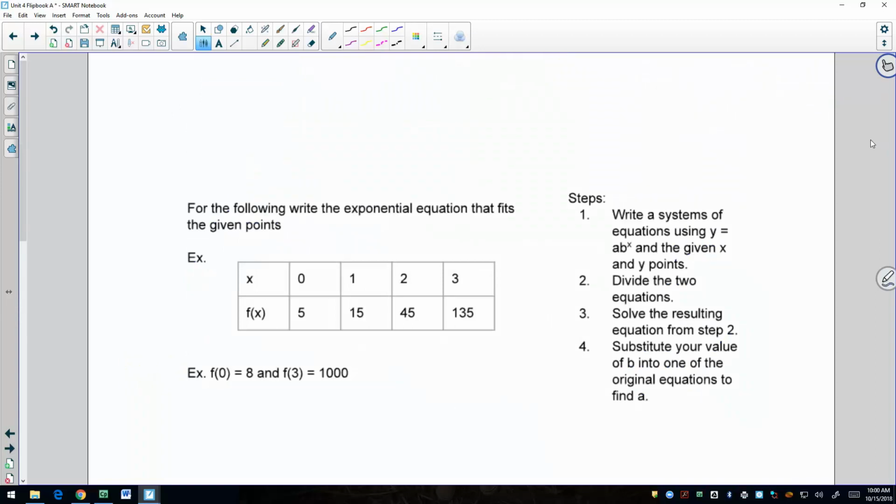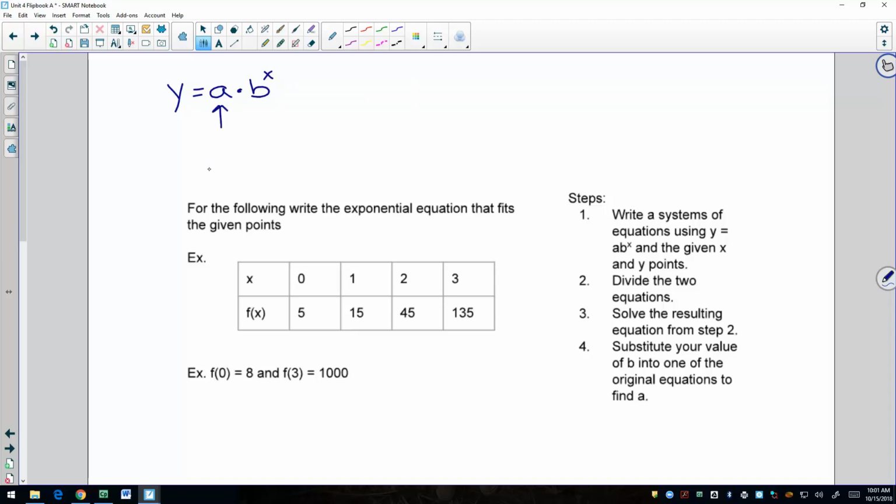Okay, so 4.4 deals with finding equations of exponentials. So this is where they're going to give you some points, and you'll have to find your A, find your B, and then write your equation. Very similar to finding the equation of a line. So first, let's review. This is the general form of an equation of an exponential function.